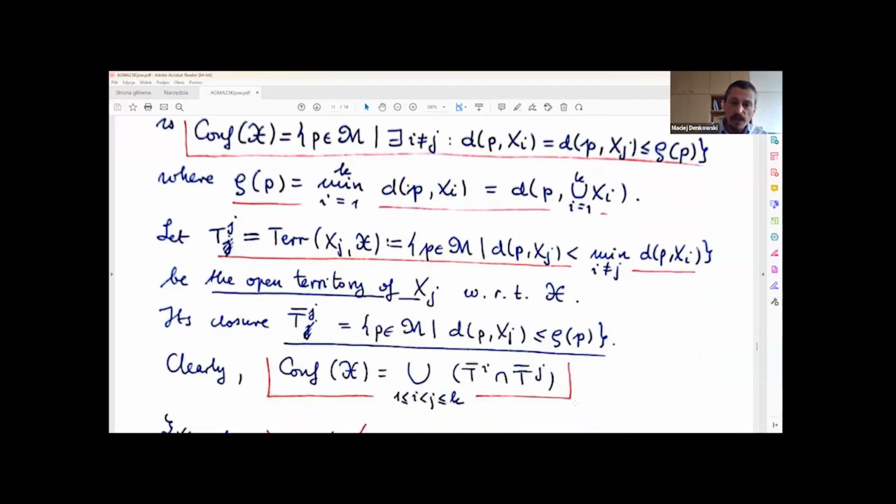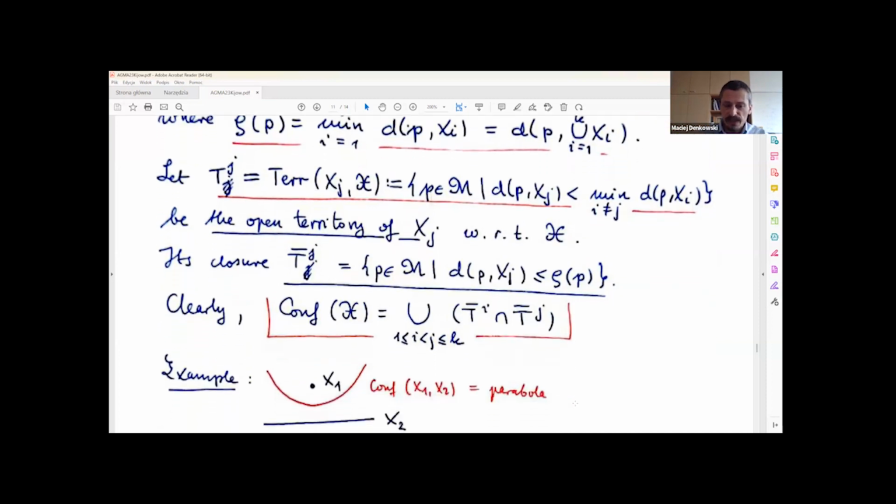So clearly, the conflict set may also be obtained as the union of these closed territories intersecting 2 by 2. It's the common boundary of the open territories.